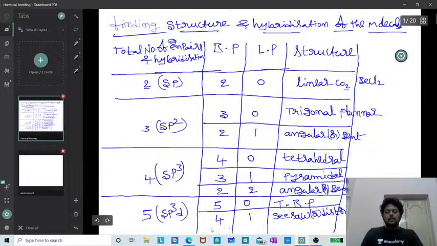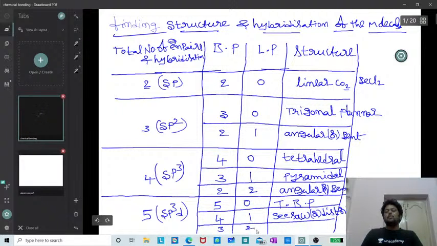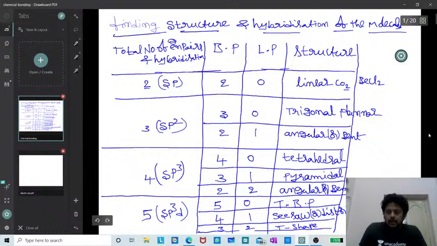Three bond pairs, 2 lone pairs, shape is T shape.